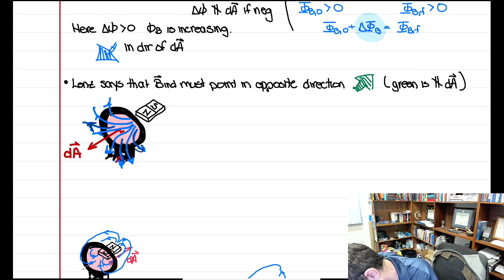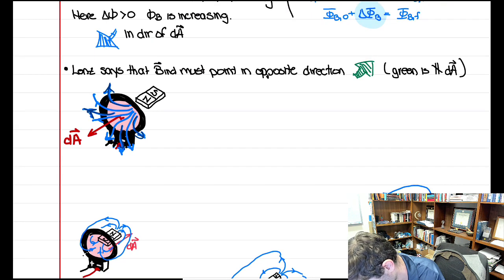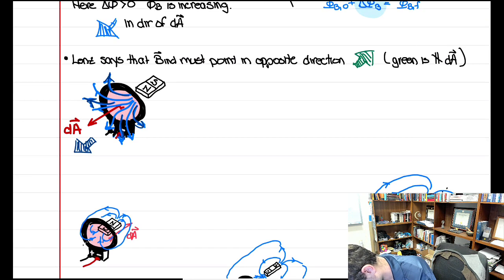The contrast is that there's more magnetic field lines coming through the loop. dA is pointing that way. The flux is increasing, which means that the change, delta phi, is in that direction as well.